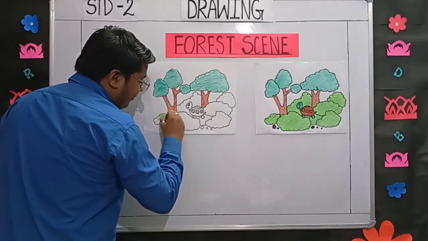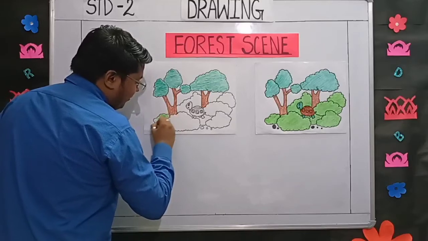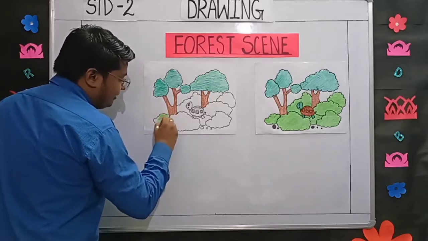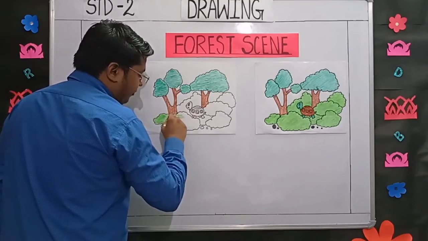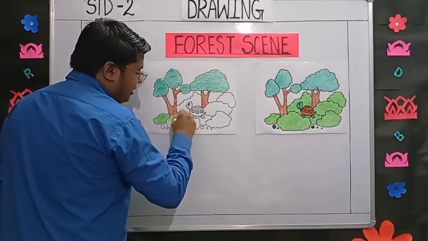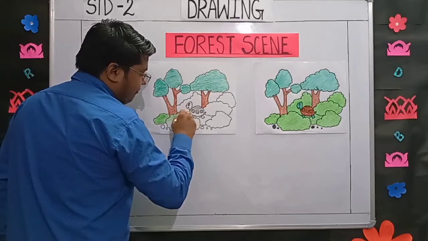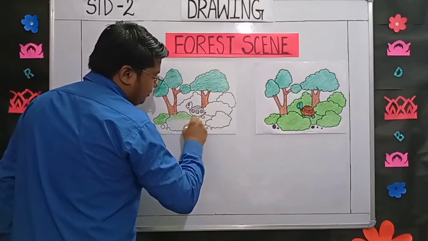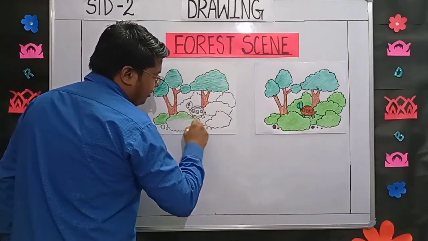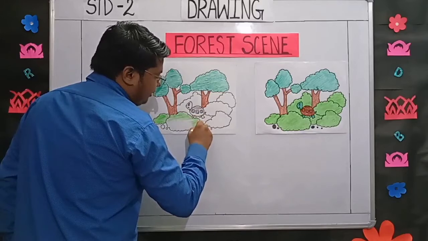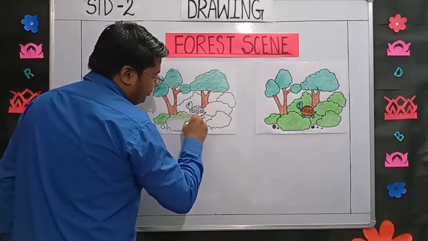Again, I am saying you have to be very careful while coloring, very gentle and very careful when it comes to the edges. Can you see how I am coloring? You also have to color like this. Clear, students?